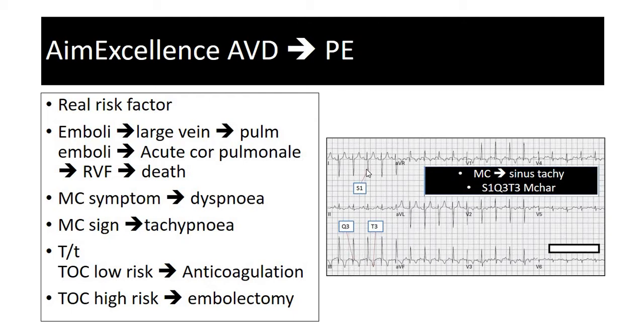So S1Q3T3 is the most characteristic finding, and the most common finding is sinus tachycardia. Apart from that, there will be right axis deviation and atrial fibrillation.